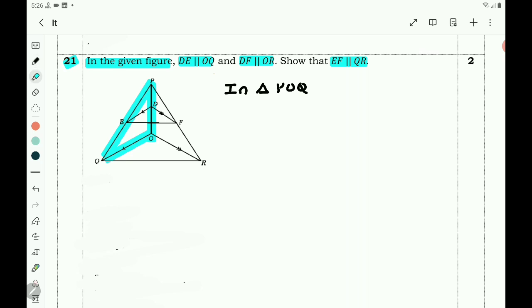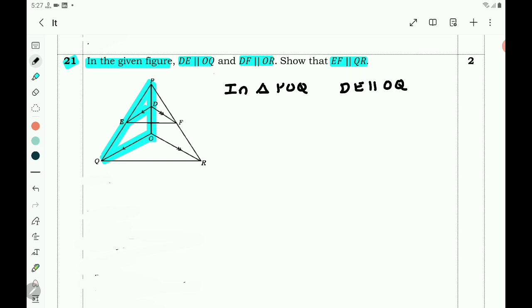Here DE parallel to OQ. Write that: DE parallel to OQ, it is given.